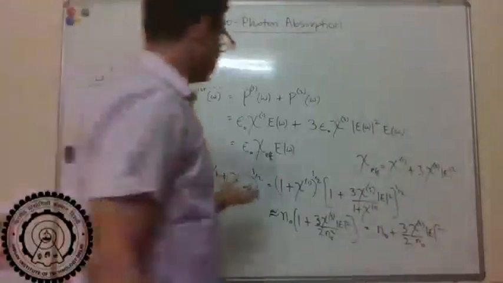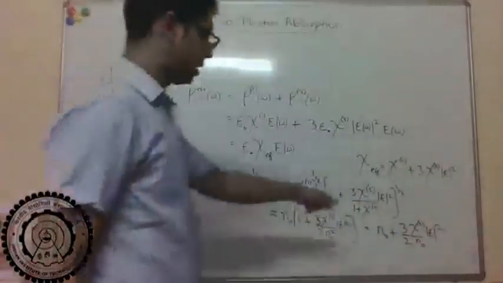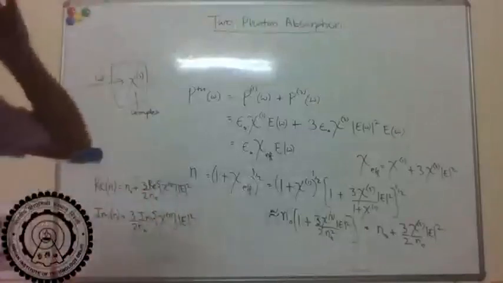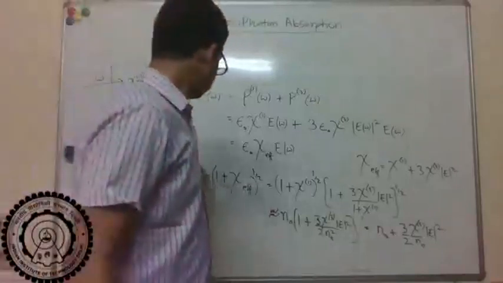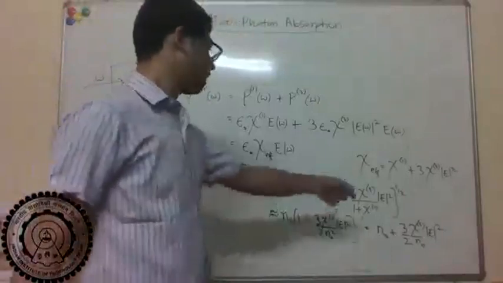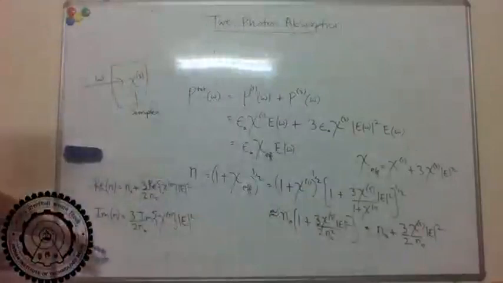Okay, so let's assume for now that the bare refractive index n0 is real. So we are working, let's say, below the band gap or something, right? So there is no direct absorption. So the linear refractive index doesn't have an imaginary part, so it's just a real number, right?